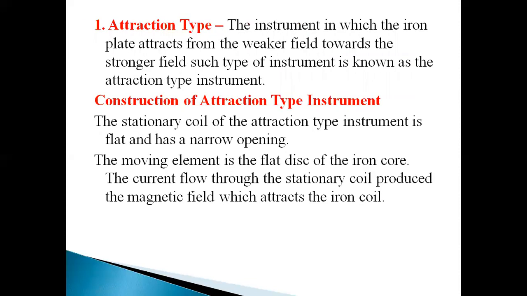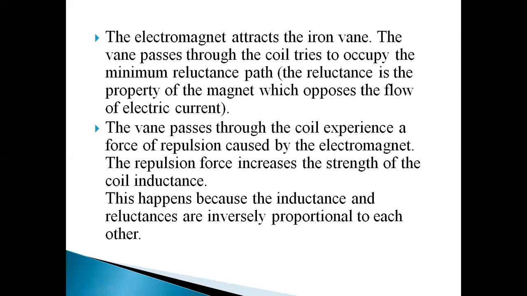So let us see the classification. Before going to this, let me tell the basic principle once again. The basic principle of attraction type instrument is that if a piece of unmagnetized soft iron is brought near a current carrying coil, it would be attracted into the coil. Okay, so the coil is flat and has a narrow slot-like opening.